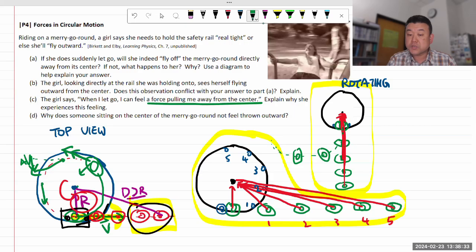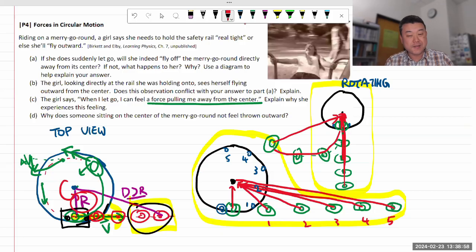Instead, she's in some kind of curvy path. Then you can see that with that path, when you draw this line of sight, the railing is to our right, as it appears to be here. So the motion of the girl in this rotating frame is not simple like a straight line. It's actually this curved path.